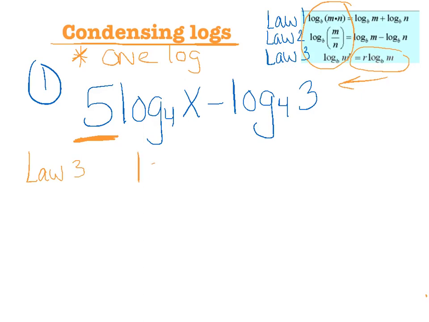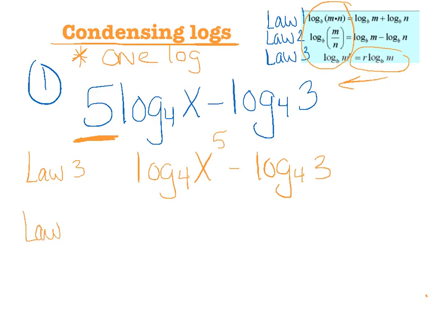I'm going to say this is log base 4 of x raised to the 5th minus log base 4 of 3. Okay, so again, I'm looking at this expanded part here, and I'm saying this r came from the exponent. So I brought my 5 up there. Now I just ask myself, okay, I see a minus sign, which means I'm now going to use law 2, the one with the minus sign.